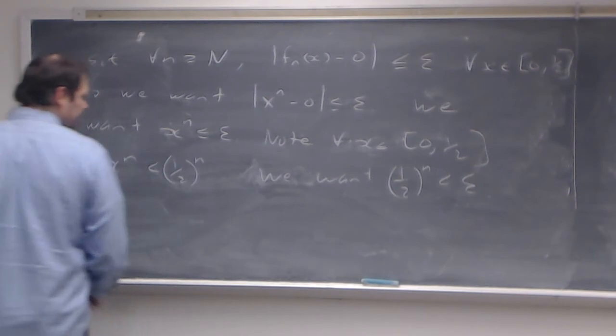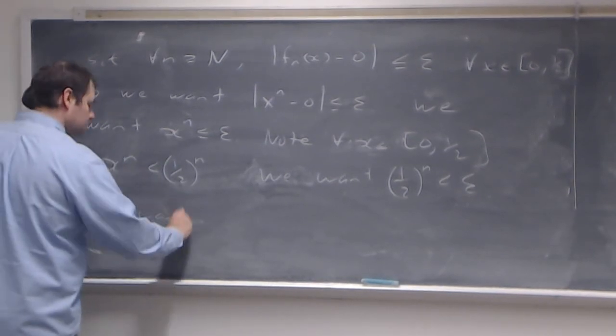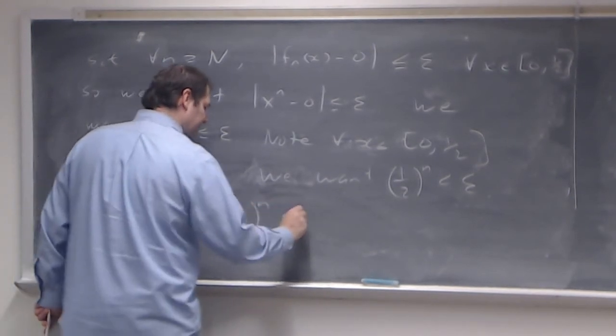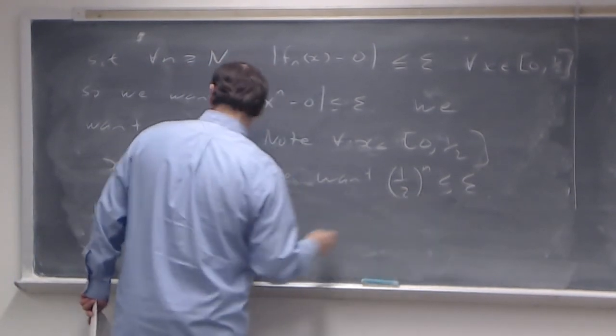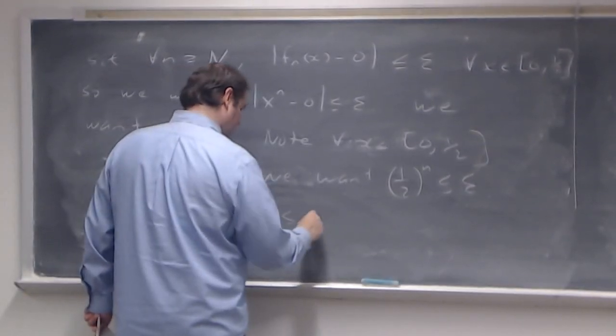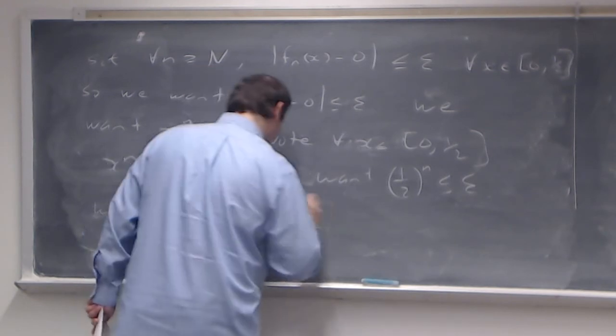To solve for n in the exponent position, we use logarithms, so we want ln of 1/2 raised to the n to be less than, it's supposed to be less than or equal to, epsilon.